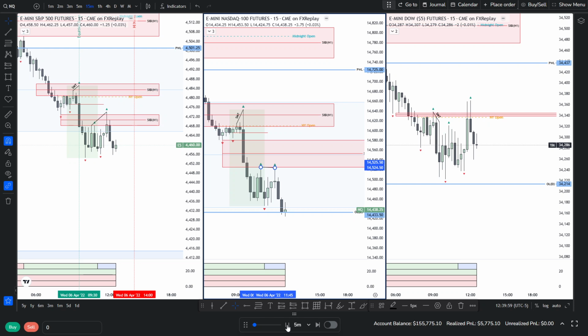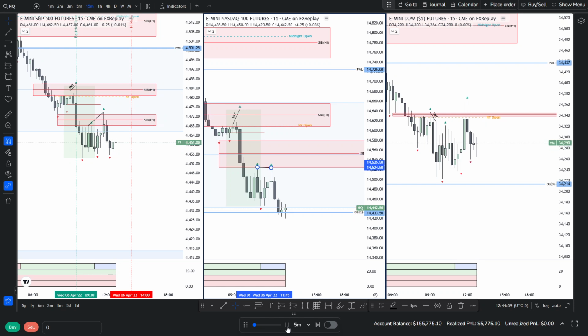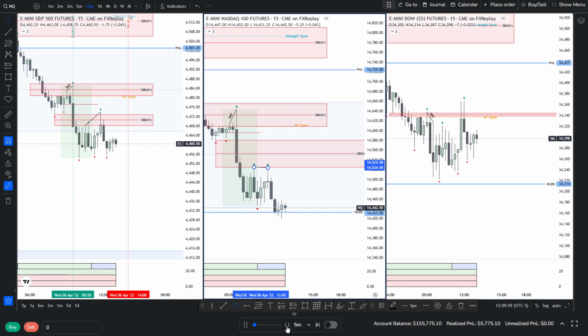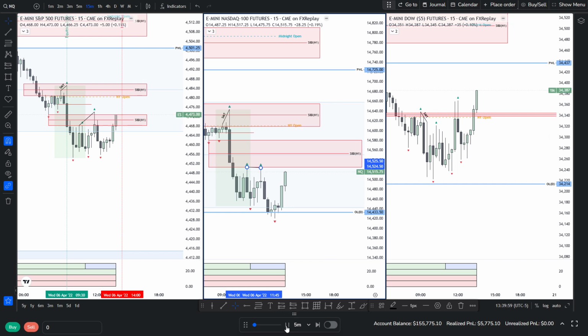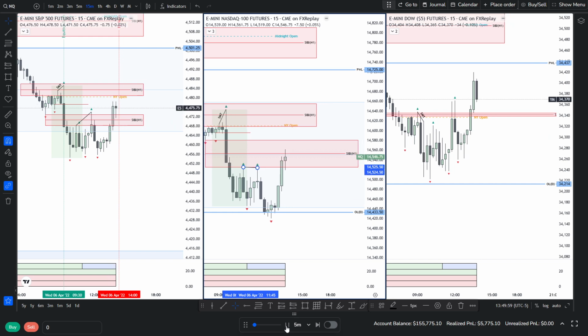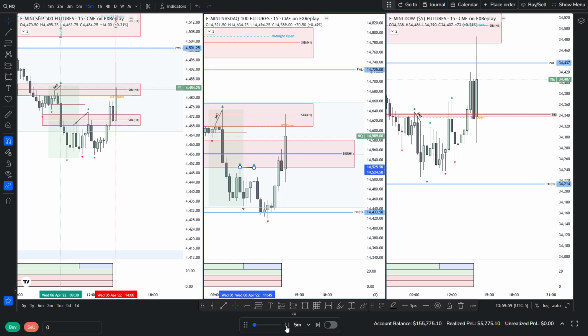Be surprised if it purged that. Let's see what happens. Get into FOMC. Okay, so it's purged all the way through. There's the volatility from there.